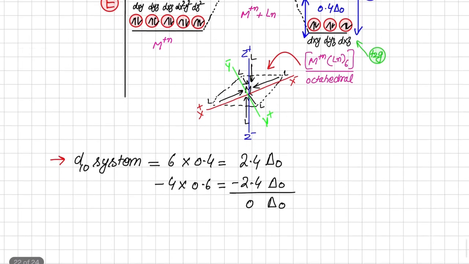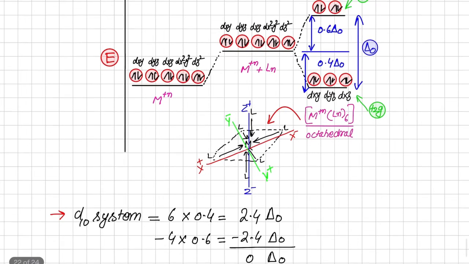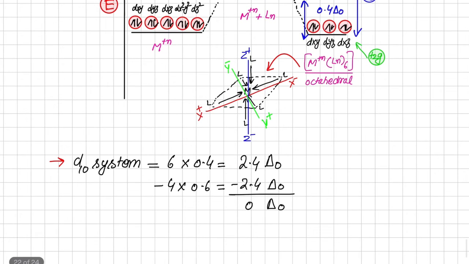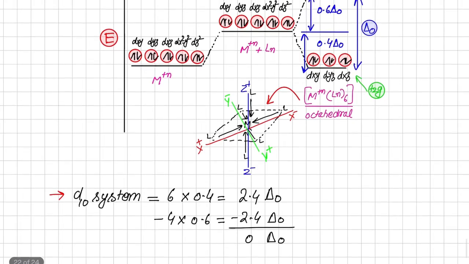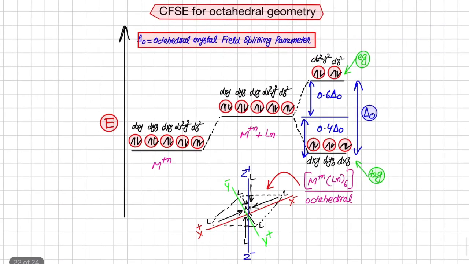That is the experimental proof that our energy calculations are going in the correct path, and this 0 value is expected, just like that of the D5 system.